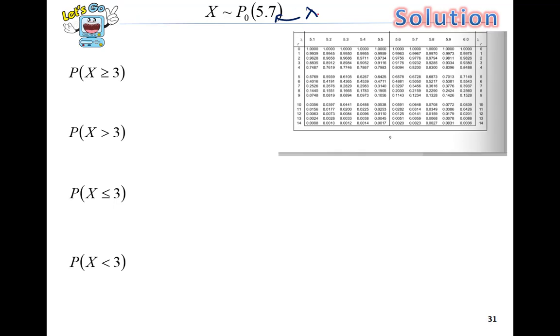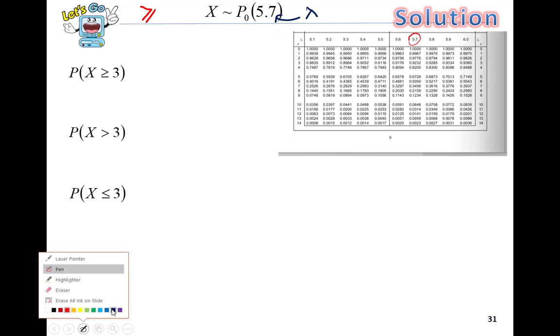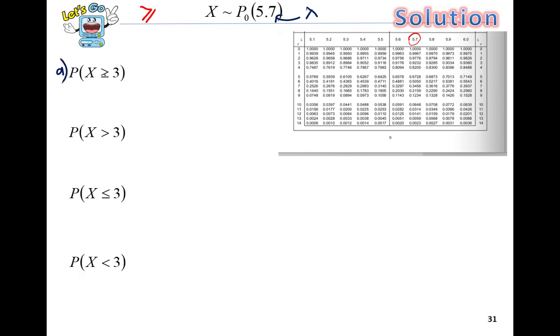From the table here, we have our lambda is 5.7. For the first question, remember that in the table, the notation is greater than or equal. Look at question A. The notation is already greater than or equal, so our r equals 3, and the probability will be 0.9232.